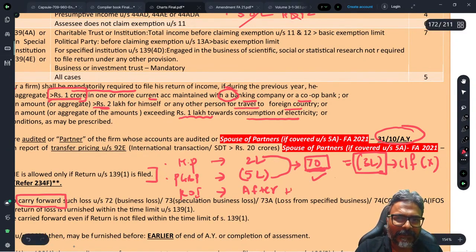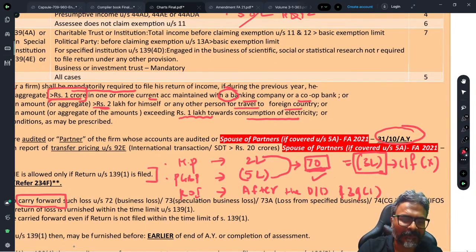After set off, whatever is the balance loss will not be allowed to be carried forward. I hope this point is well taken by all of you. Shall we then proceed further? If you are all clear with this proposition, students, raise any doubt.